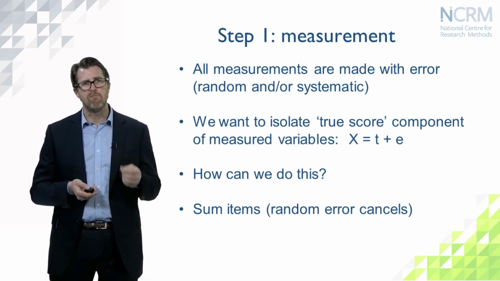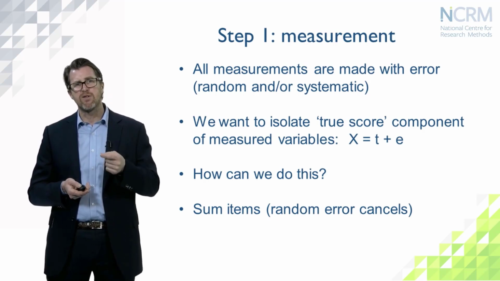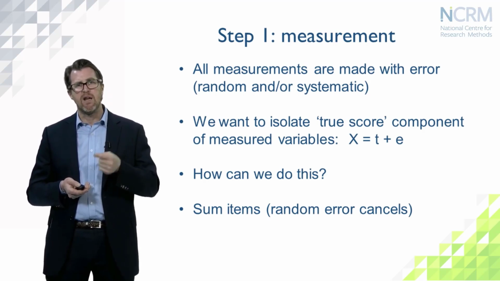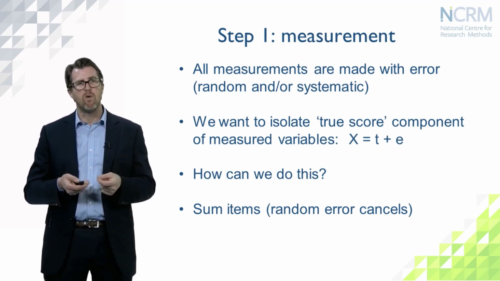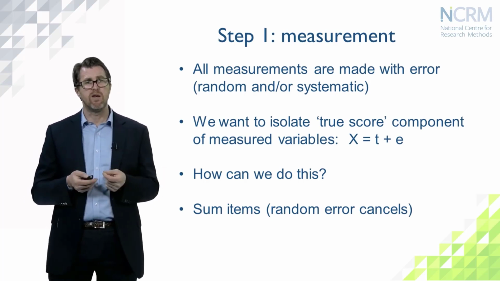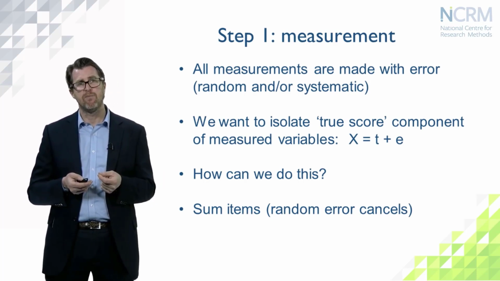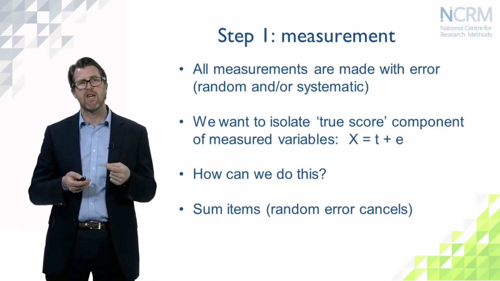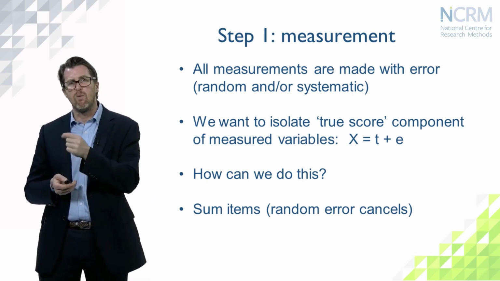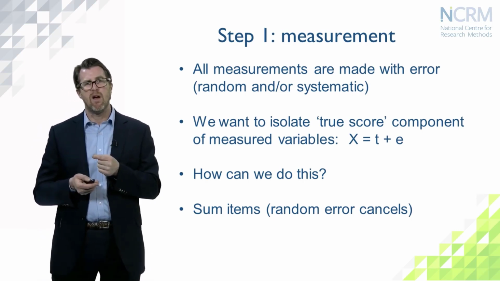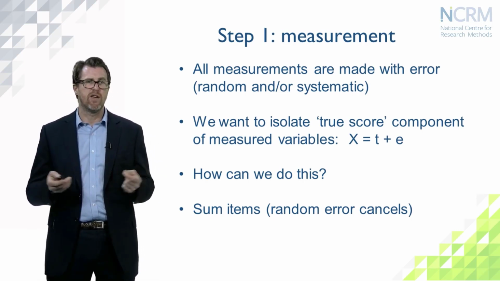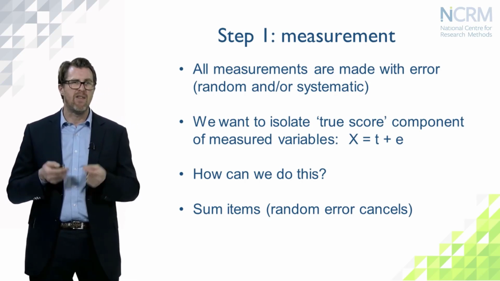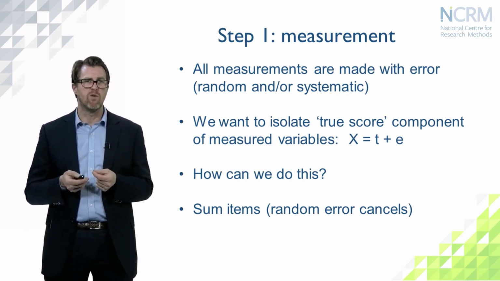Now this has some benefits because the random error in each of those measurements will cancel out as we add items together. But it's a rather unsophisticated approach, and in particular it gives equal weight to each item in the construction of the true score, and that's often something that we don't want to do.